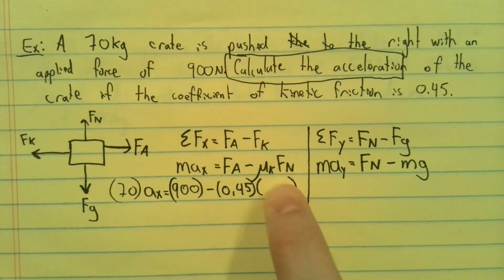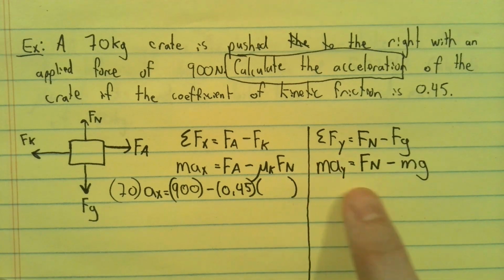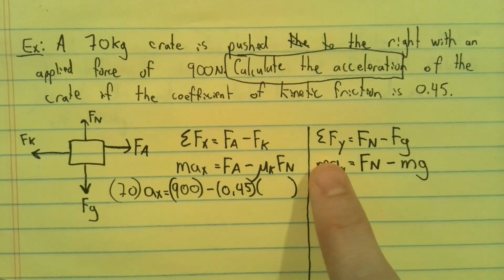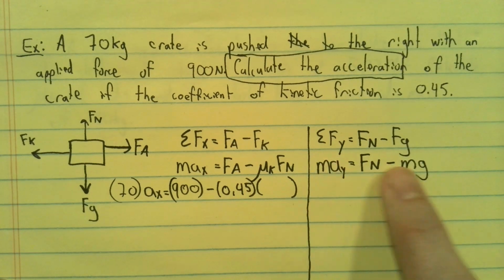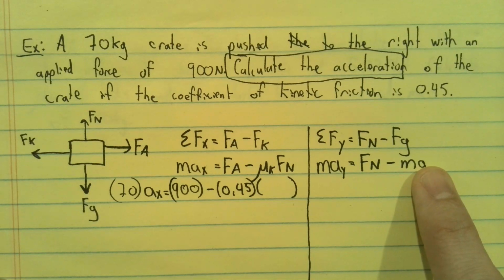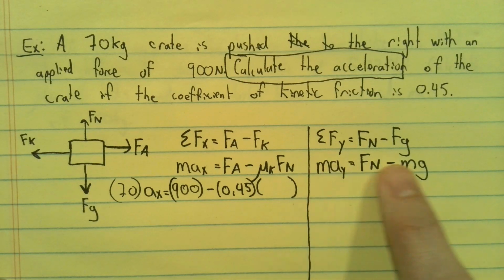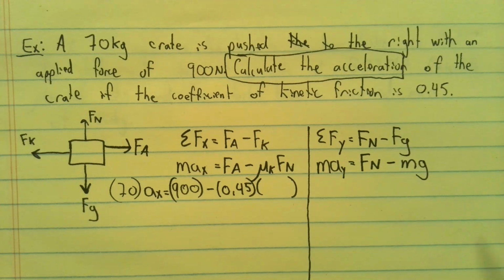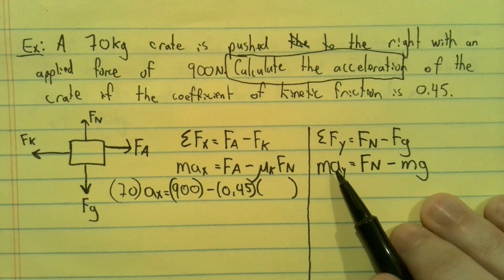So we find this equation right here. This is what will be used to calculate Fn. The thing is, it's actually a lot simpler than this. This is one of those cases where Fn is the same as Fg, and that's because Ay is 0.